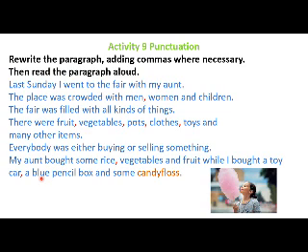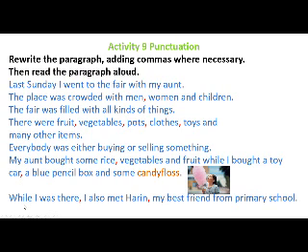At the same time, I bought a toy car, a blue pencil box and some candy floss. Do you know the meaning of the word candy floss? Right, it's a sweet. You can see the candy floss in this picture. This is called candy floss, right? So you can see where we have to insert commas in this sentence. Right, this is the last sentence of this paragraph.